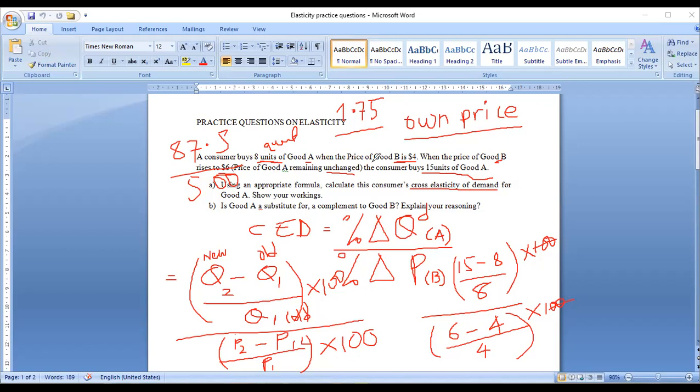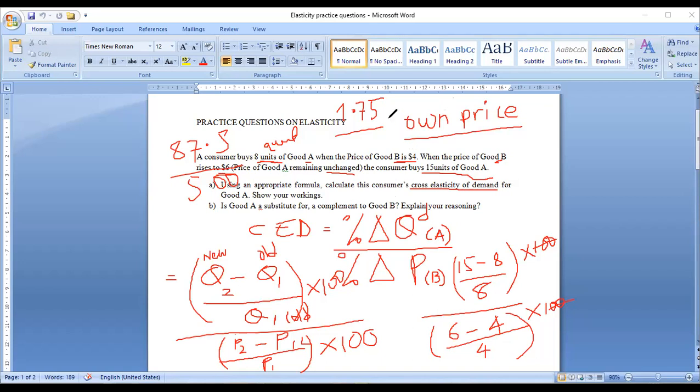What is the answer for part B? Are we reading our notes?